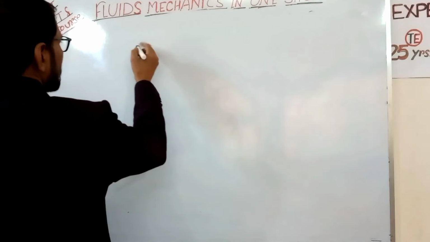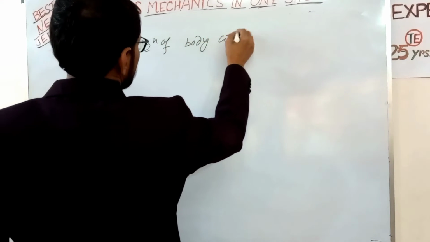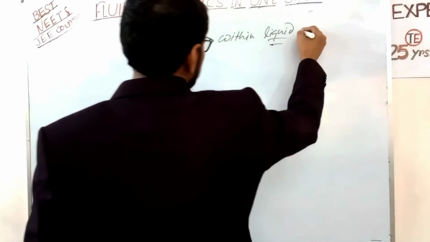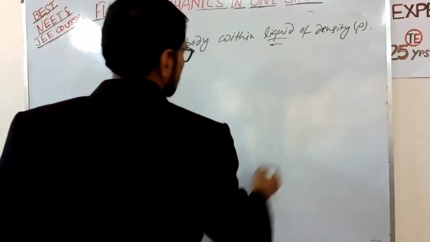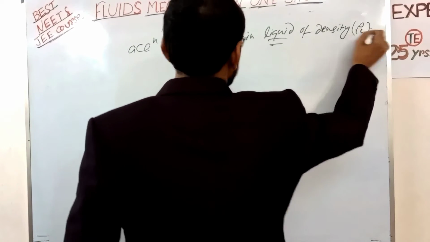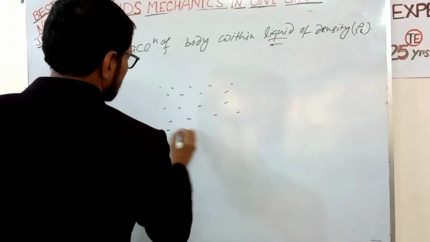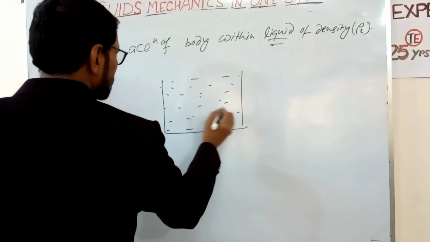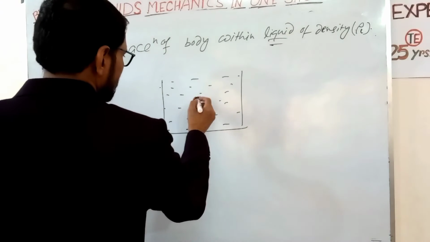Now what is the acceleration of a body within a liquid? Here the density of the liquid is given, liquid of density, suppose rho L. Suppose this is a container, a liquid is present within the container, and we want to calculate the acceleration of this body within the liquid.